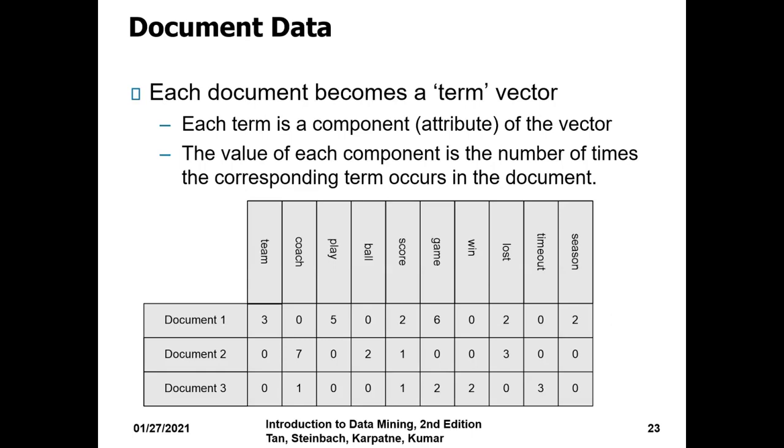Each term is a component attribute of the vector. The value of each component is the number of times the corresponding term occurs in the document. So here you can see how many times one word is repeating in a certain document. Let's suppose in document number 3, game is repeated 2 times, win is repeated 2 times, lost is repeated 0 times, and timeout is repeated 3 times.